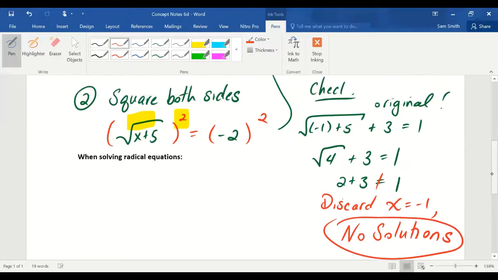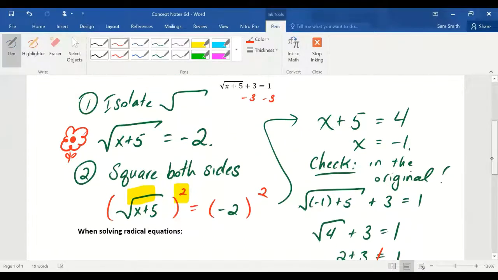Now the truth is that could be detected very early in the problem. That could be detected all the way back here where this flower lives, when we were trying to solve square root of x plus 5 equals negative 2. When we defined an even root, such as square root, we said that the square root is non-negative. The square root can only produce positive values or 0.